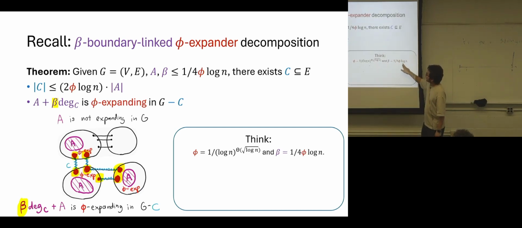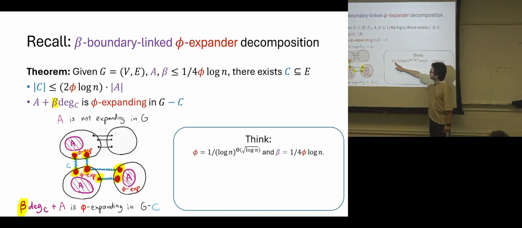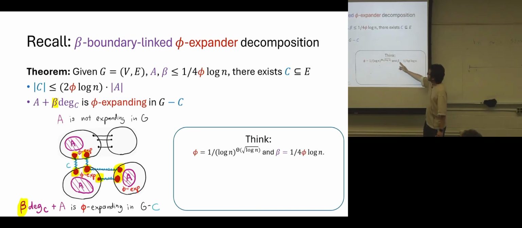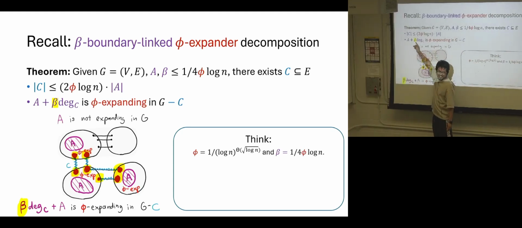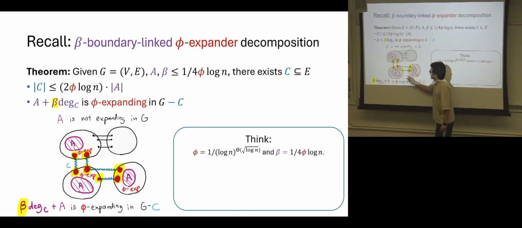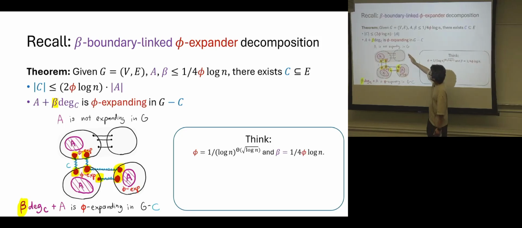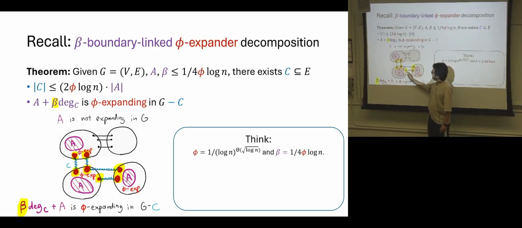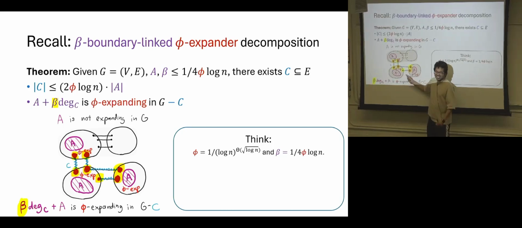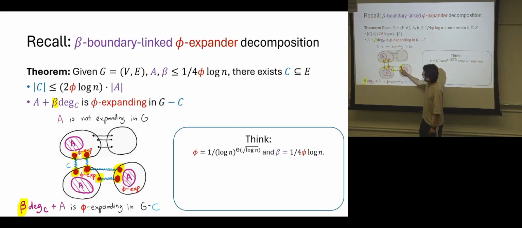So if phi is like 1 over log to the 100, then beta is basically log to the 99. So now think of beta as something more than 1. And I now just say that we can actually find this expanded decomposition such that it's very boundary-linked.